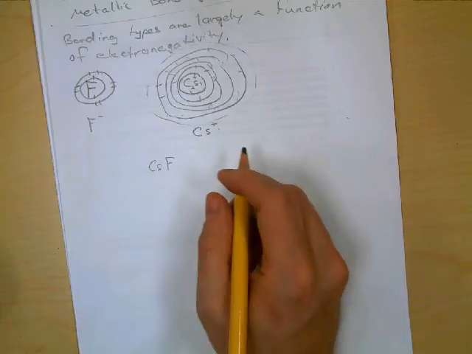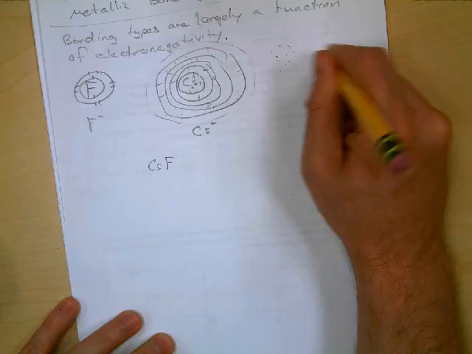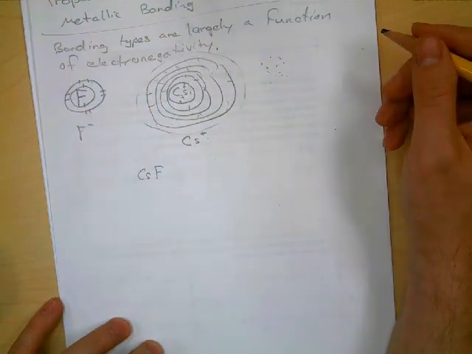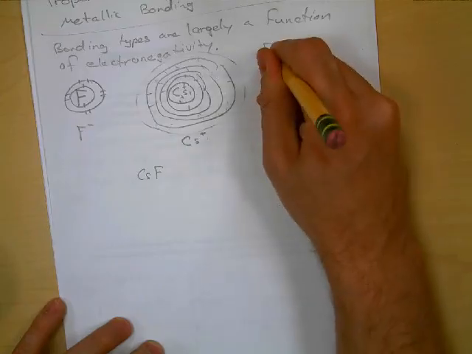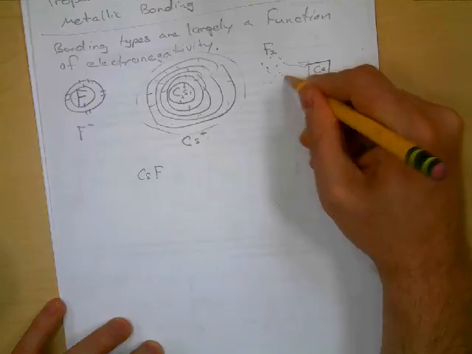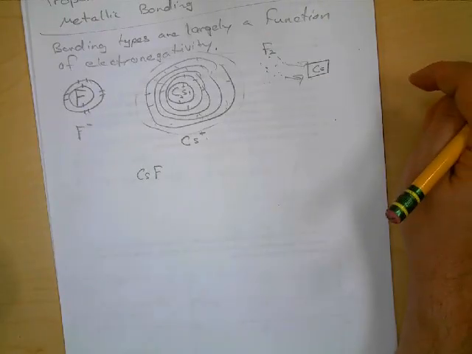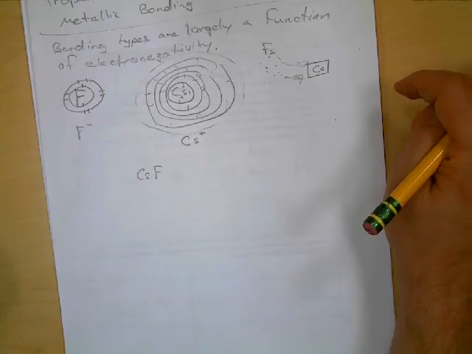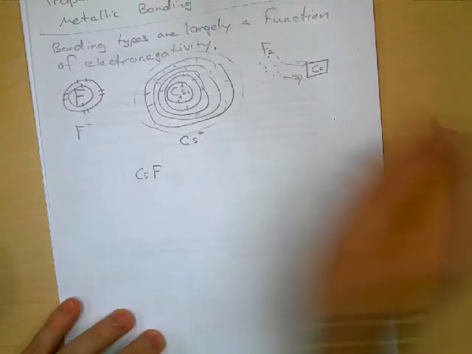Now, if you had a whole sample of fluorine gas, let's say these are all fluorine molecules, and you blow this gas over a big block of cesium particles, so here's my fluorines, and here's my cesiums, and this all interacts, and each fluorine steals an electron from a cesium, what you're going to get is several negative fluorines and several positive cesiums.